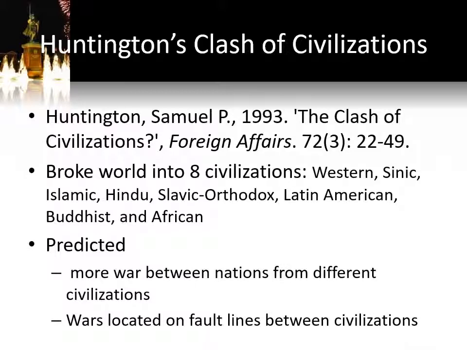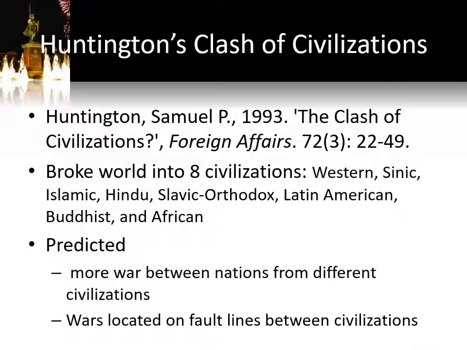So this was an idea, and he said, look, the world is broken into 8 civilizations, and he listed them. He said that in the future, without a Cold War, without a bipolar world, conflict is going to be across civilizations.